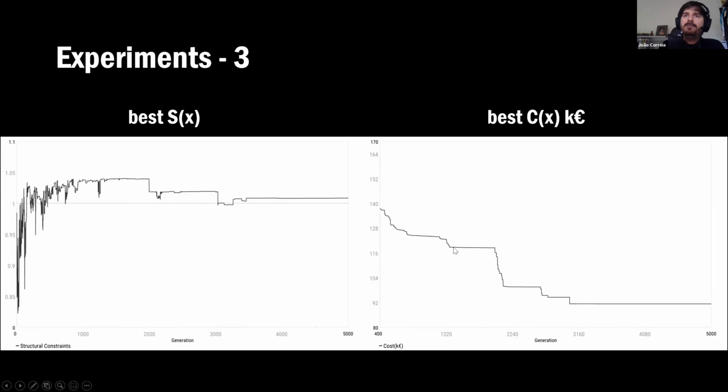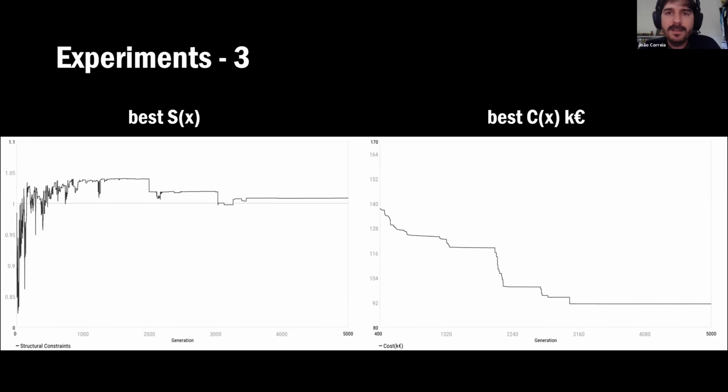But we were able to reach the 92 value. More detailed values are in the paper. Here is just an overview for this talk. But basically, with this third experiment, we arrive at similar and better cost-effective solutions.